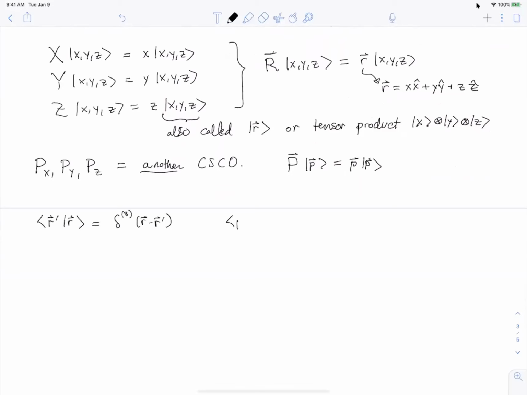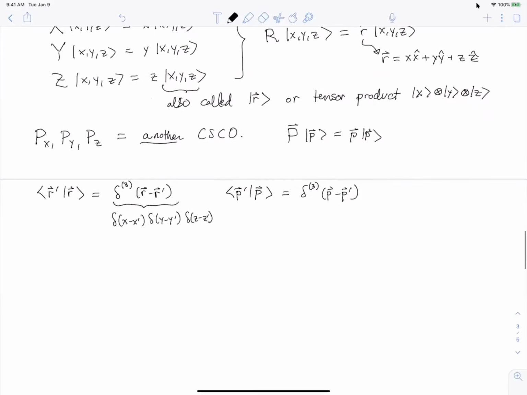And the same thing for the inner product of two momentum eigenstates. It's a three-dimensional delta function. Here, the three-dimensional delta function is the product of three one-dimensional delta functions. That's one way of writing it.